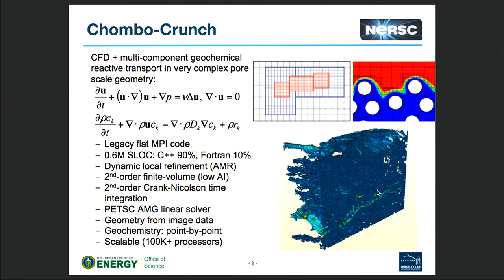It uses adaptive mesh refinement to resolve the solution in the domains of high gradients. These are second-order schemes, chosen because of accuracy for such complex geometry. If you go to higher order, it's usually difficult to get accurate numerical methods for highly complex geometry like fractal geometry.